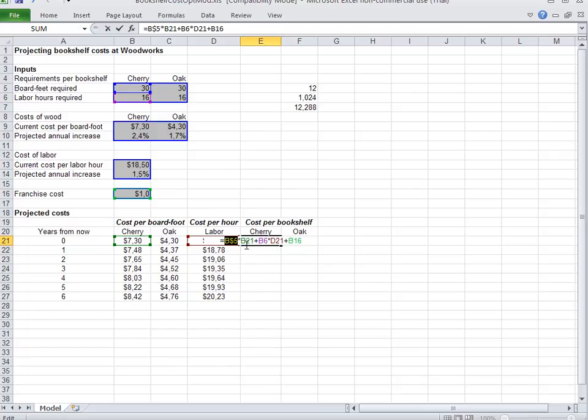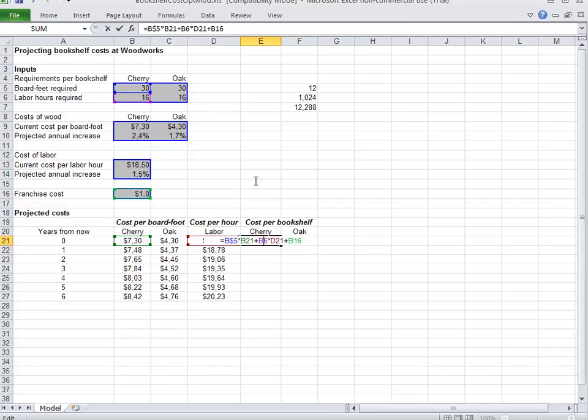Okay, B21, will that have to move? That will actually have to move up and down because it's taking the next year's, and it's going to move to oak as well, in the left-right direction, because we want the same formula to go for oak. So this B21 will be without any dollar signs. Now let's take B6, which is the 16 hours up here.